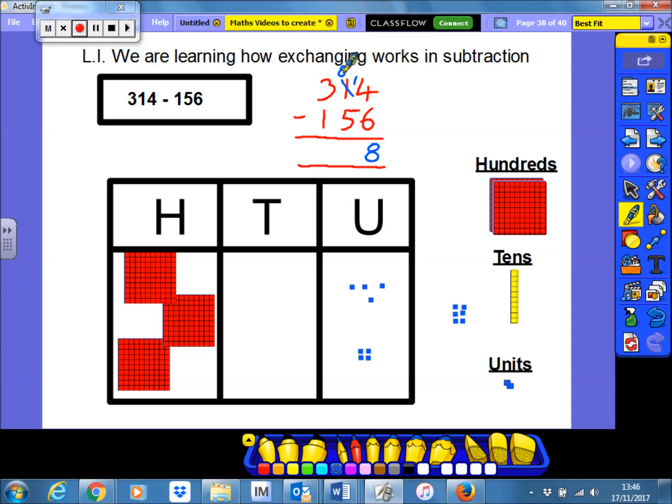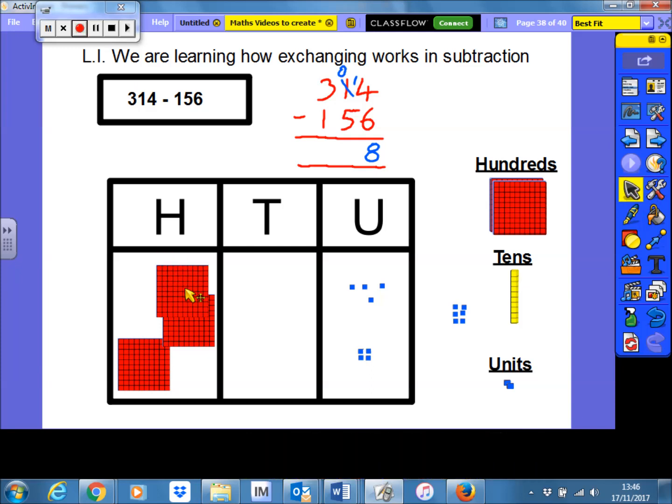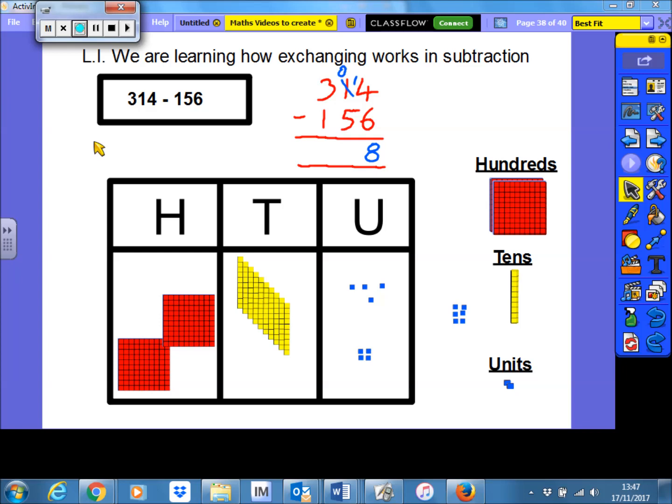Now, the next calculation is 0 take away 5. We have 0 tens. How are we possibly going to take away 5 from that? At the moment, it's impossible. But if we exchange, I can move 100 into the tens column, change it for 10 tens, and now I can take away 5 of them.